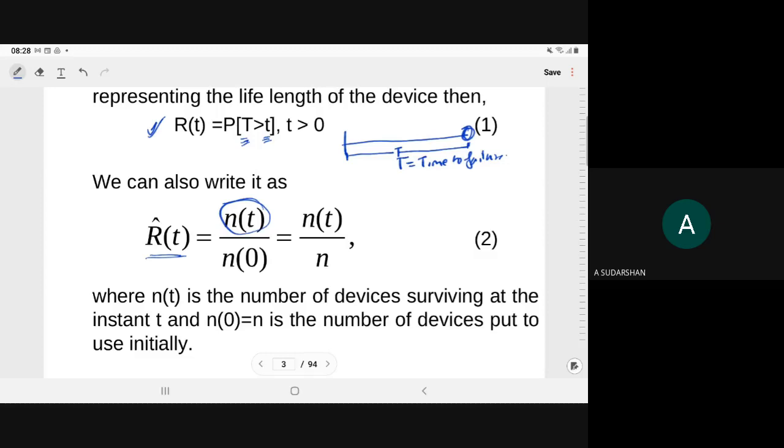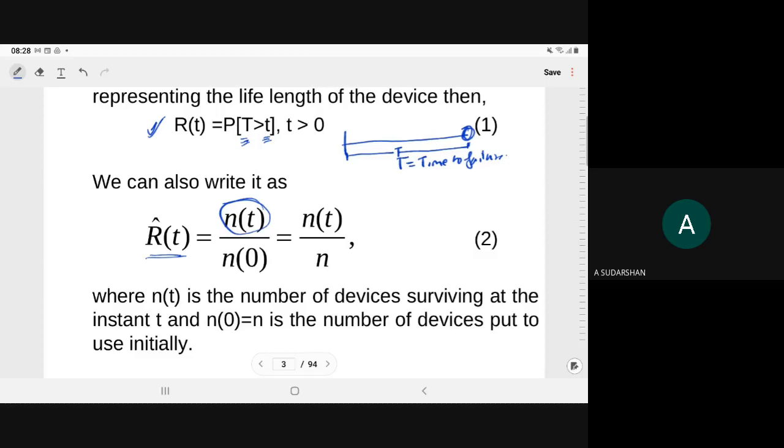It is the ratio of the number of surviving devices to the total number of devices used.